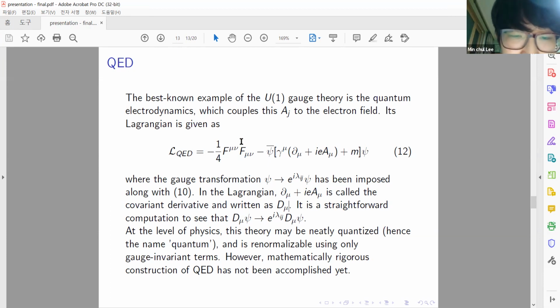But in fact, this A, which I just treated as an ordinary function valued one form, actually should be an operator valued one form. That's the question we raise. And in the sense of this question, problems and issues, QED has not been rigorously constructed yet.